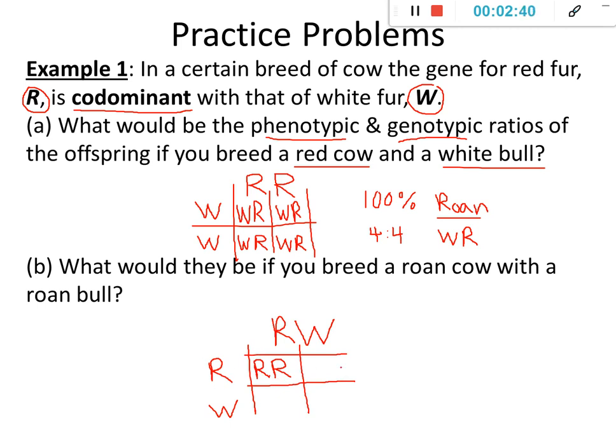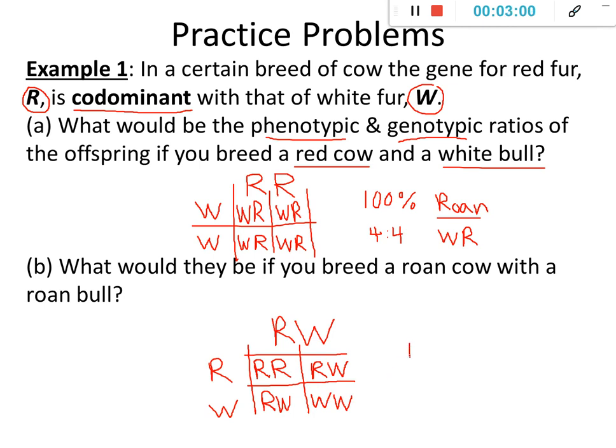If you took the red allele from the mother and the white allele from the father, we would have a roan offspring. Same thing if we took the white allele and the red allele here, we would have another roan offspring. But if we took the white allele from each of the parents, we would end up with a white offspring.